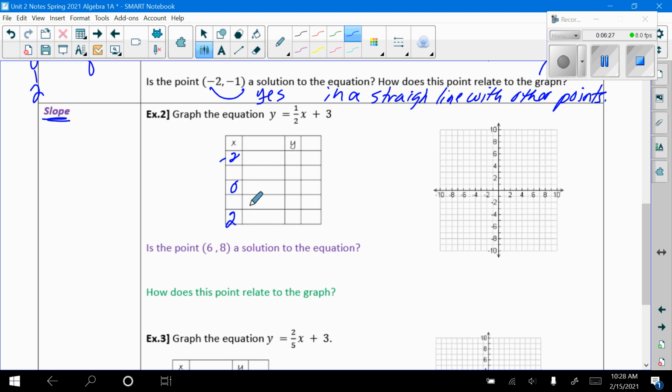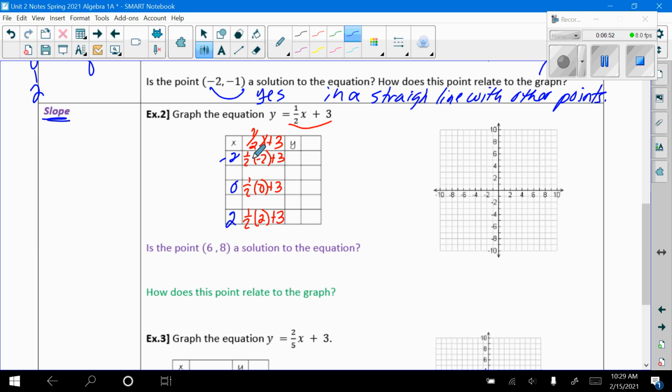And then I'm leaving extra room there so we can have some working room. Plug in your function, so y = 1/2 x + 3, and then in each one of these go 1/2 times your negative 2 plus 3, 1/2 times 0 plus 3, and 1/2 times 2 plus 3.